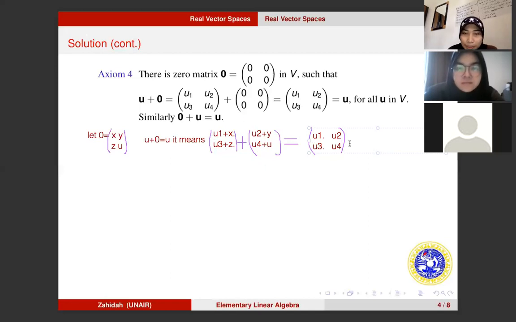Okay, for this equality, it should all be in one matrix, right?